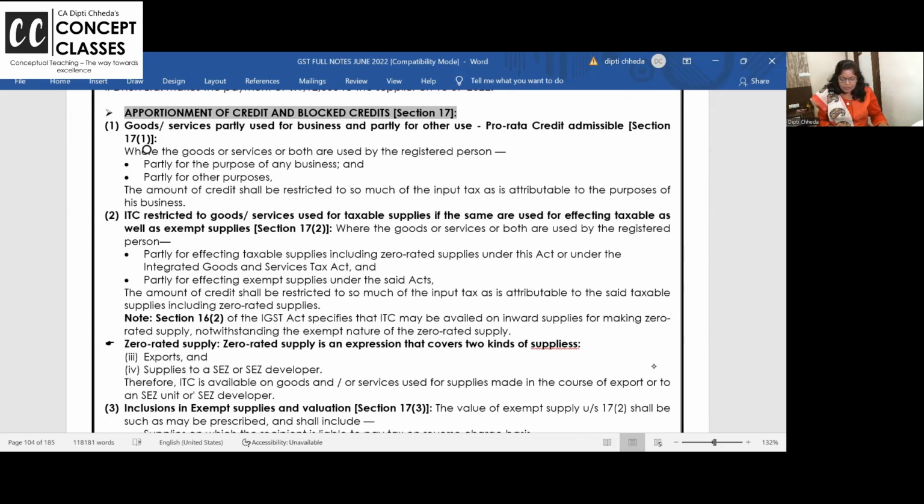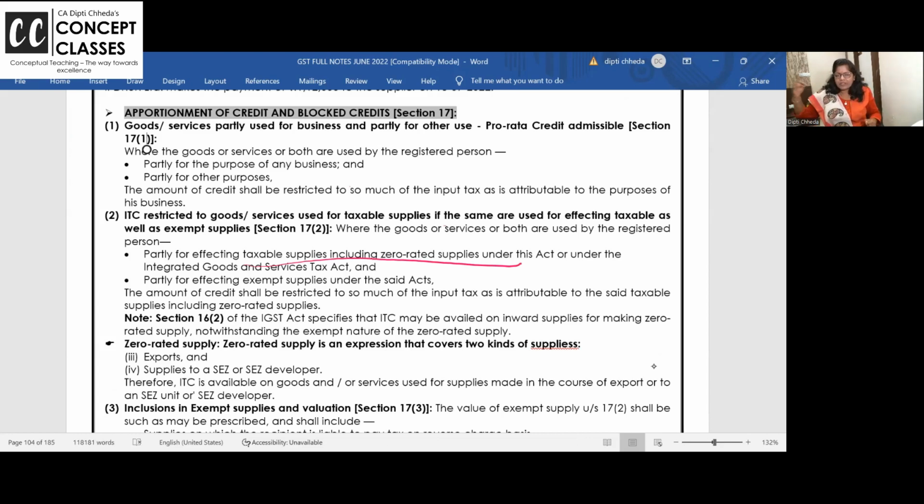ITC is restricted to goods or services for taxable supplies, if the same are used for taxable as well as exempt supplies. Partly for taxable, including zero rated. If it is taxable along with zero rated, you can still take ITC. Are you all getting?